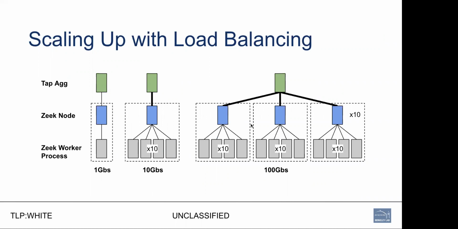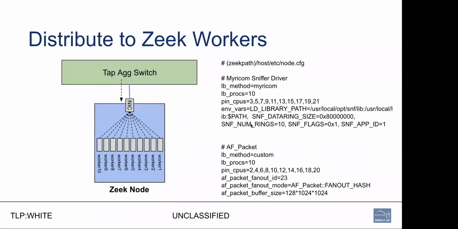And then you can do load balancing at the tap aggregation level with a link aggregation group or port channel. I'll show the config for that in a second, but this is the configuration for load balancing across multiple Zeek worker processes using the NIC. With a Myricom sniffer driver or with AF_PACKET on the Intel NIC, basically setting the number of processes and pinning CPUs to it.